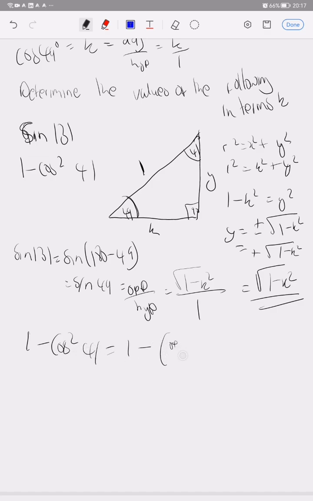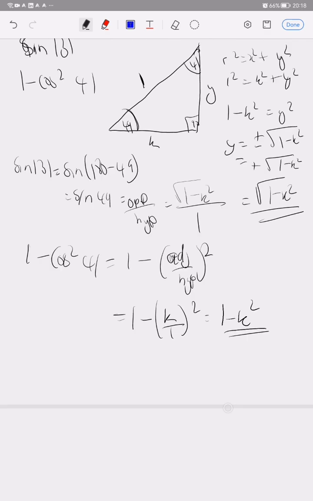We know cos 41 is adjacent over hypotenuse, but squared. When I simplify it, my adjacent is k. So k over 1 squared. The answer becomes 1 minus k squared. All right, so that's the solution for this one.